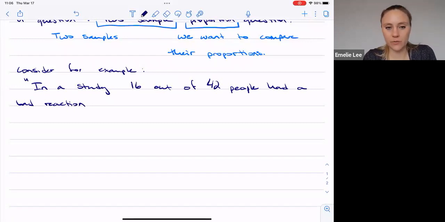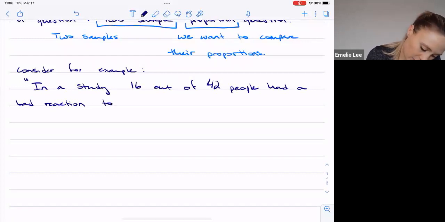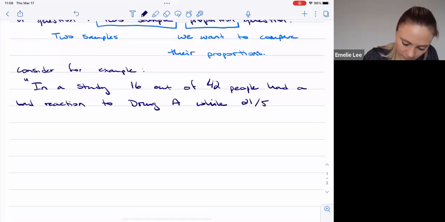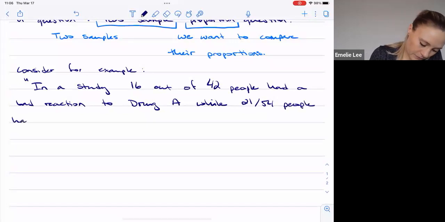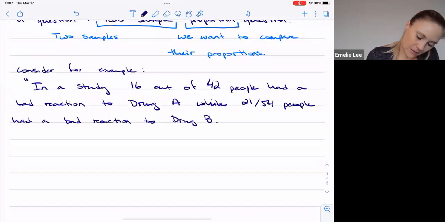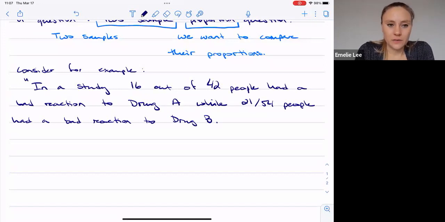Okay, and so 16 out of 42 people had a bad reaction to drug A, while maybe 21 out of 54 people had a bad reaction to drug B.